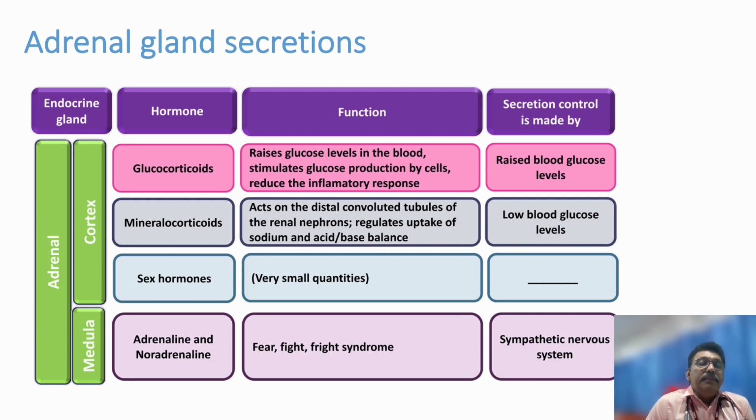Adrenaline and noradrenaline are the most important hormones produced in the human body to maintain our hemodynamic status. They are produced by the adrenal medulla. Physiologically it produces the fear, fight, fright response.